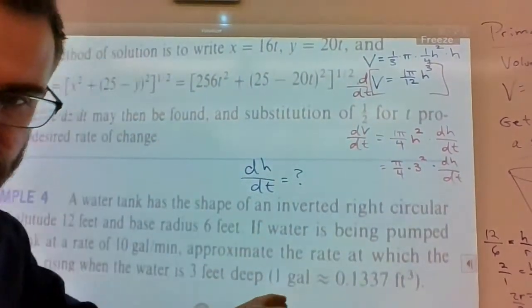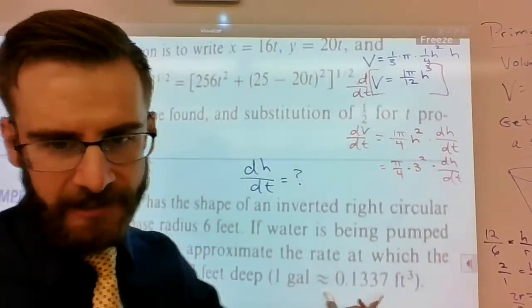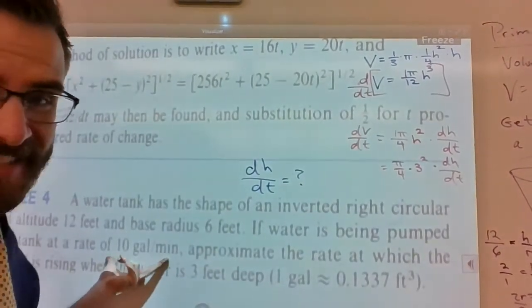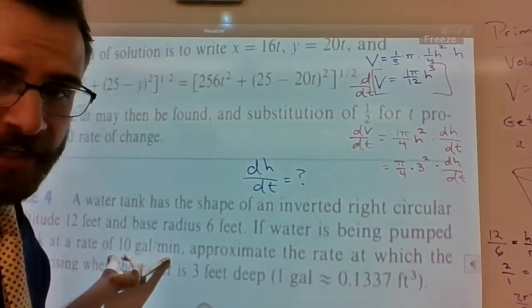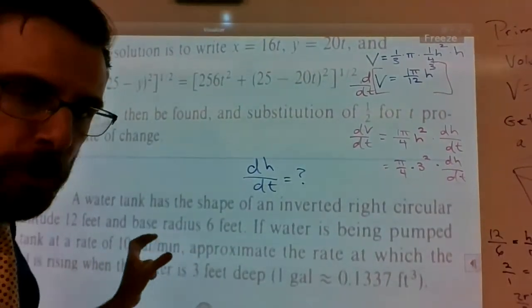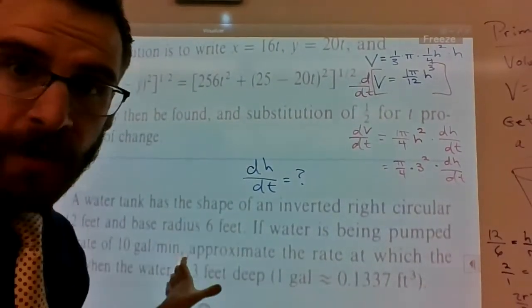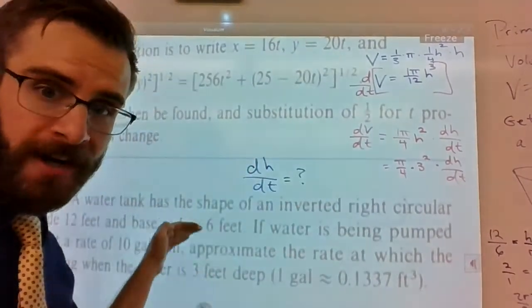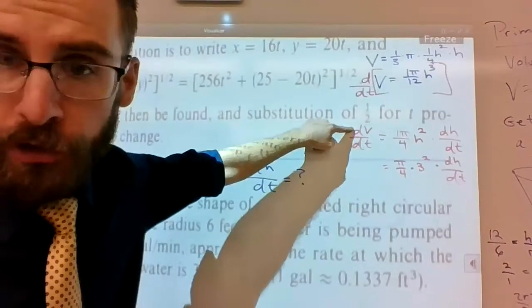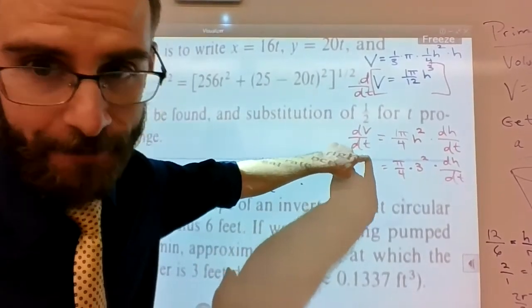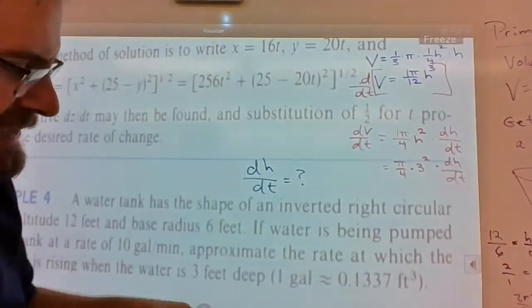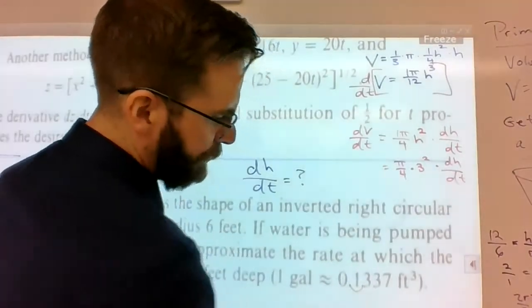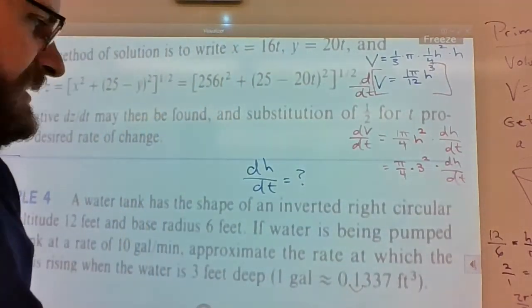So what you do is you say, take the 1 gallon times 10 of those, and you're going to get the feet cubed per minute rate that we want. See, we want volume, cubic feet per time, dV/dt. So that's an easy fix for us. It's just 1.337.